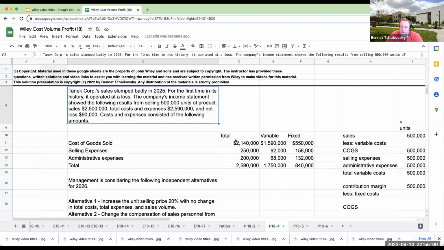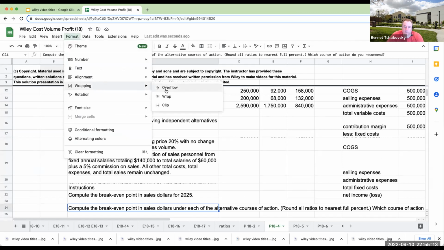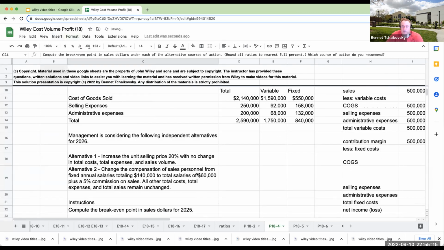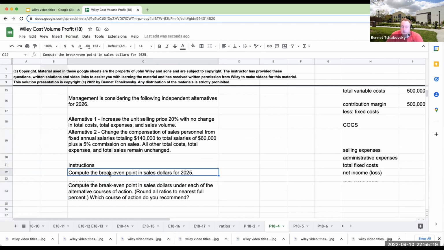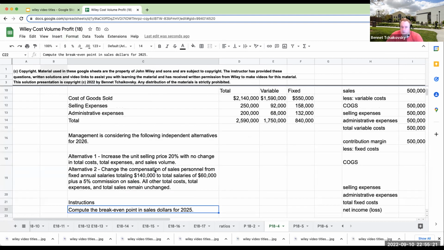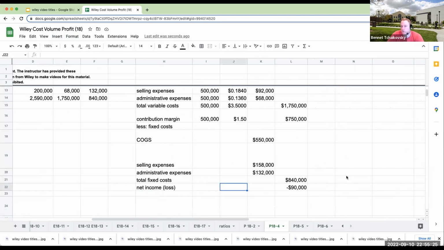But you're going to see, when we look at these different alternatives, this is going to be very important. So let's take a look at the instructions. Compute the break-even point for sales dollars in 2025. They're asking, in terms of sales dollars, what was our break-even?